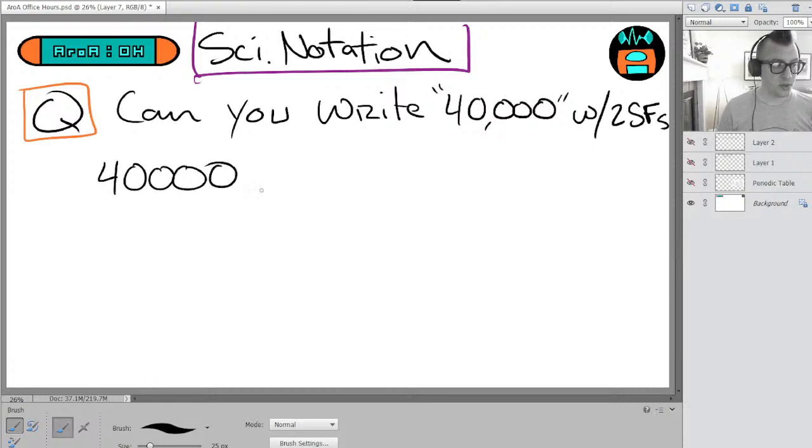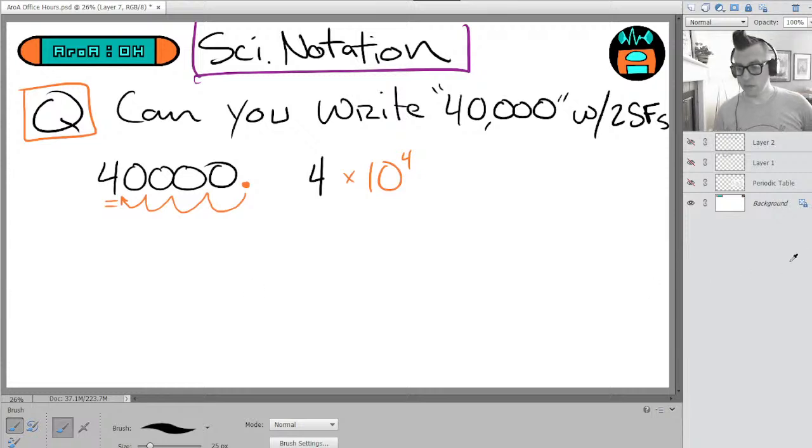All right, so first off, we identify where the decimal is. We know that in scientific notation, it has to be behind our first non-zero digit. So we need to bump this decimal place over 1, 2, 3, 4 spaces. So in scientific notation, 40,000 would be 4 times 10 to the 4th.